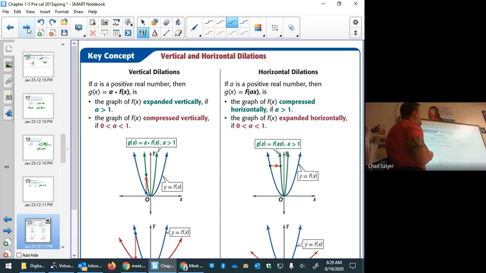Okay, vertical dilations and horizontal dilations. Once again, the input effects are going to behave weirdly, but the output effects are just like you would expect them to. If you multiply by a number greater than 1, it expands. If you multiply by a number between 0 and 1, a fraction, it's going to compress.